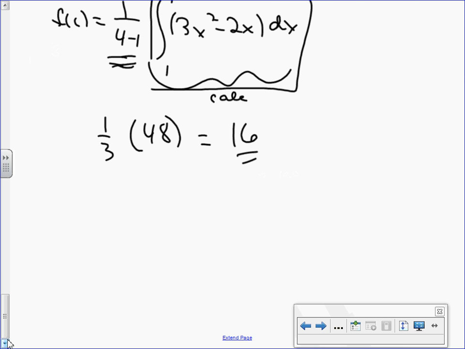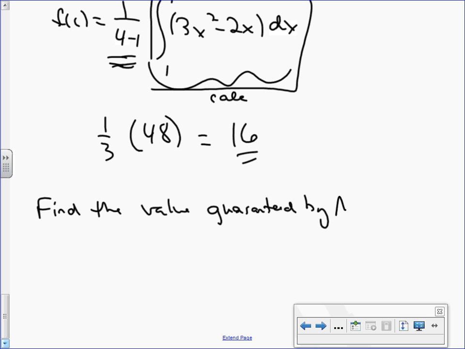The second question is find the value of x that corresponds to this, and that's usually worded this way: find the value guaranteed by the mean value theorem for integrals. And that's not hard, that's easy.